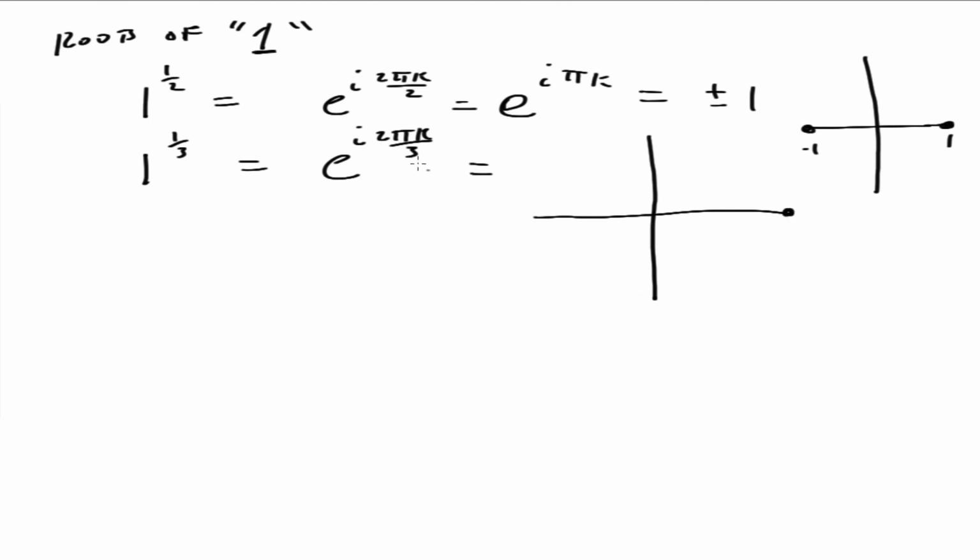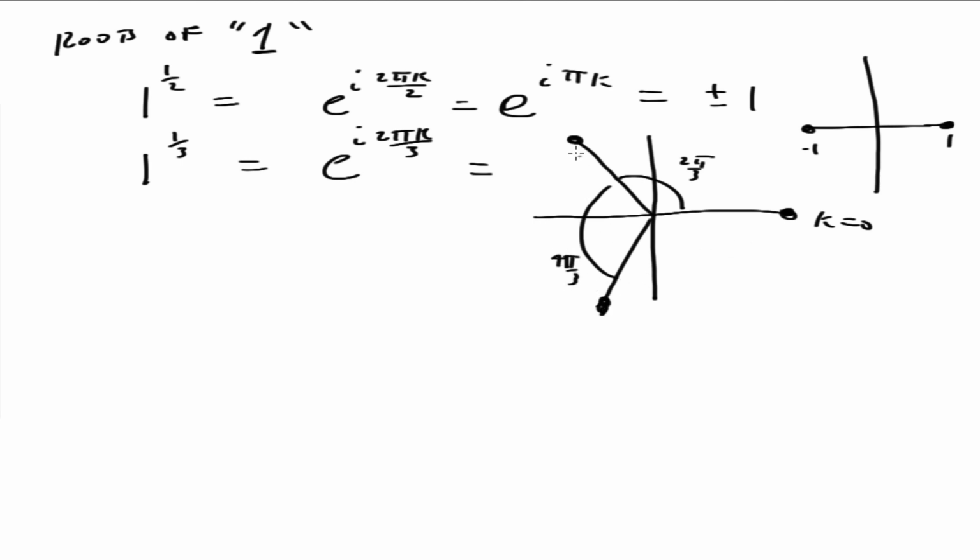When k is equal to 0, we get the principal root of just 1. But now there are two others. We get another one at 2 pi over 3, and another one at 4 pi over 3.